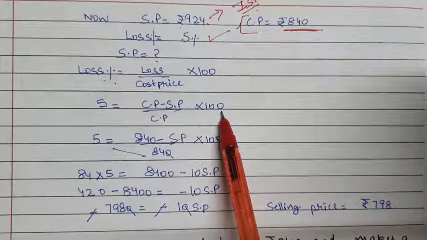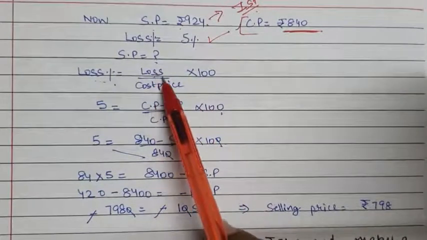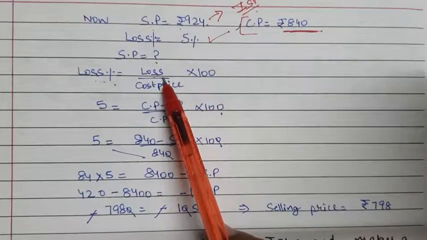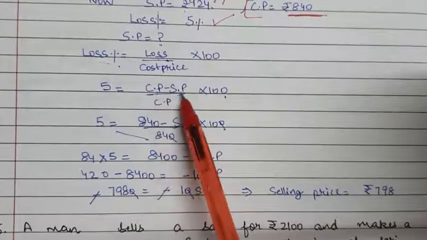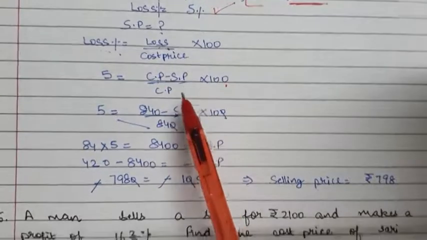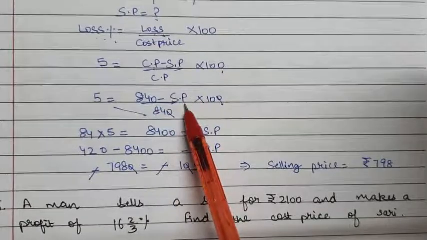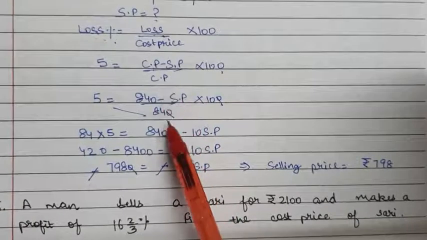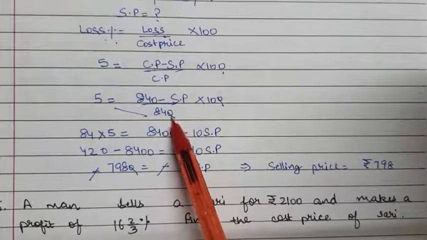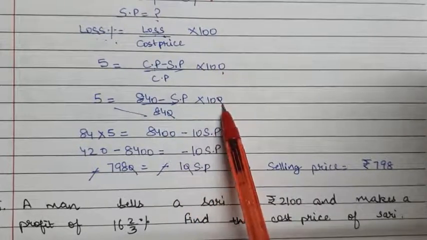We applied the formula for the profit. In a similar way here, we will apply the formula for loss. So, loss is cost price minus selling price. Now, cost price is 840, selling price we don't know. Cost price is 840. Now, this 0 will cancel with this 0.